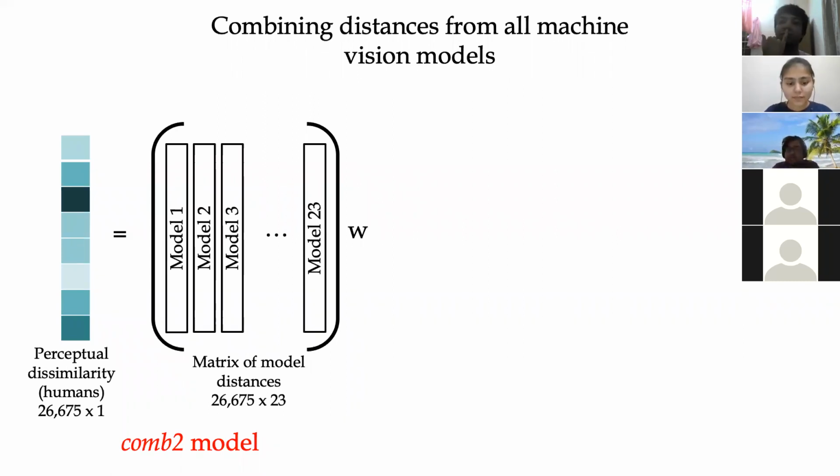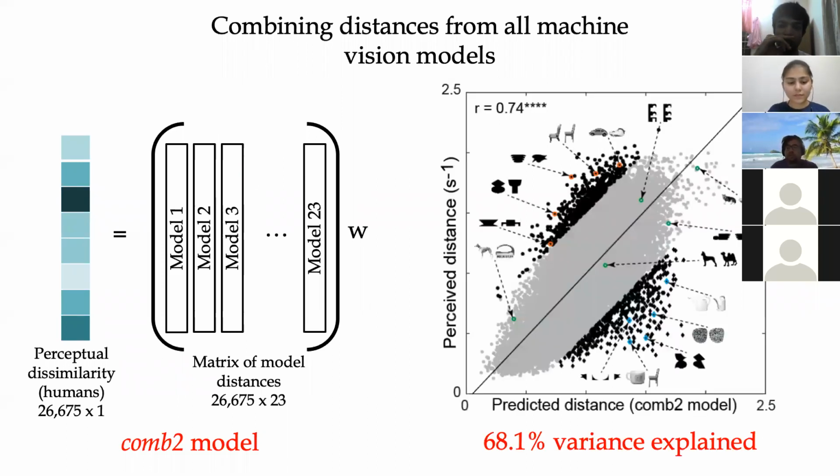We then looked at how this combined model predicts human dissimilarity measurements. As you might have already predicted, or if you've read the paper, it's obvious, we found that these predicted distances are better correlated with our perceived distances for this combined model. It also explains a variance of about 68%, which is a 13 percentage point increase over any of these individual models.